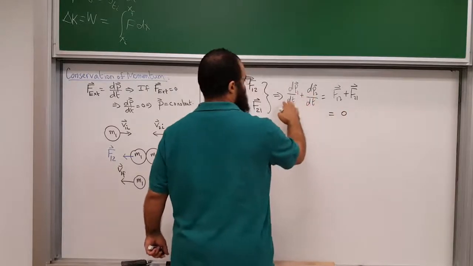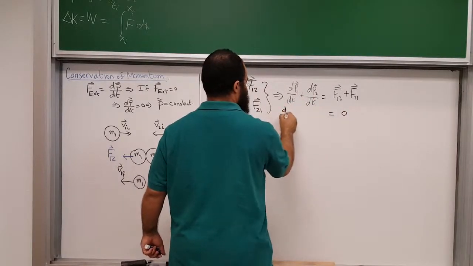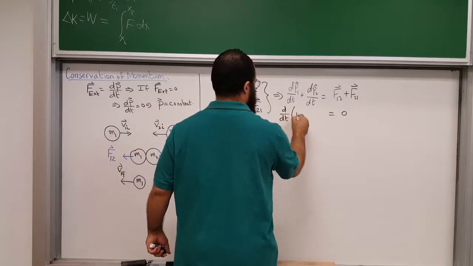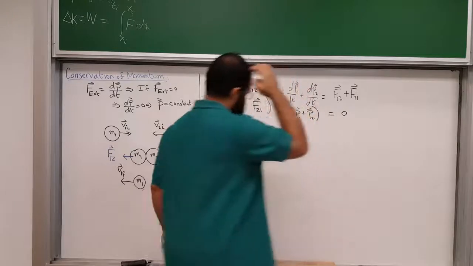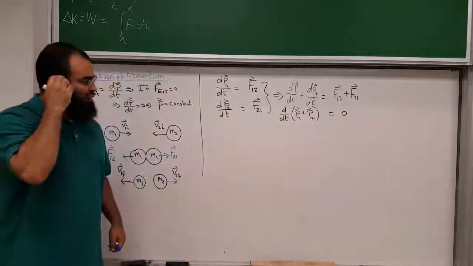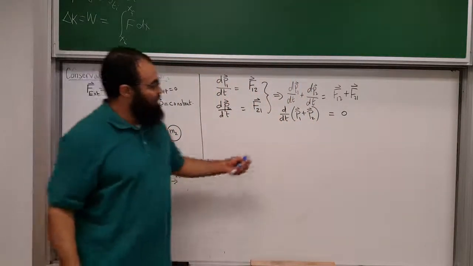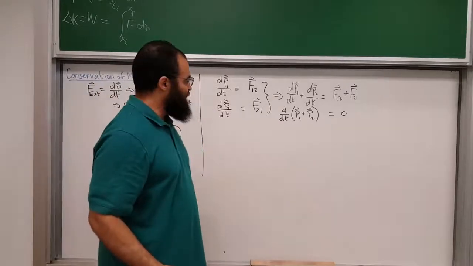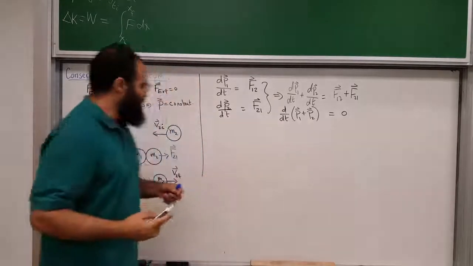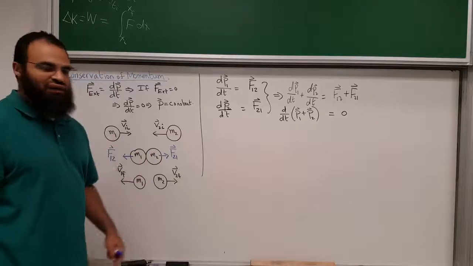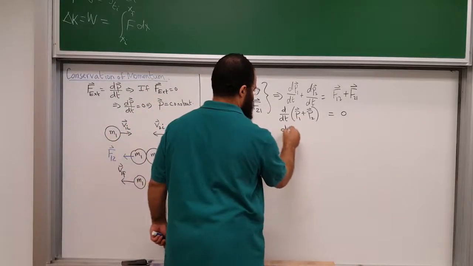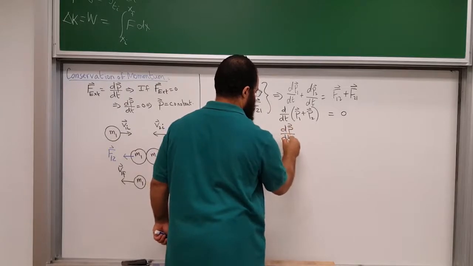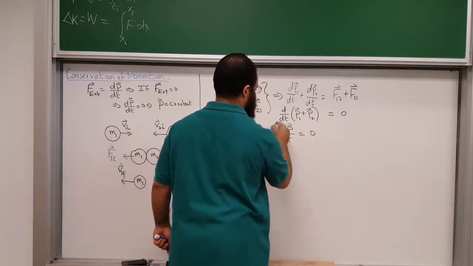On the left side, I'm going to collect these. So this is d/dt of P1 plus P2. And what is P1 plus P2? It is the total momentum of these two objects added together. So dP/dt for the total is equal to 0.